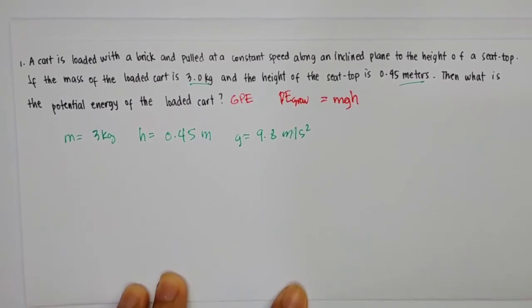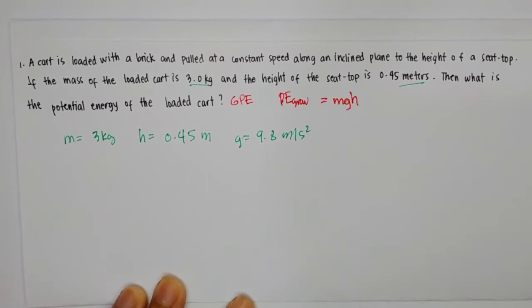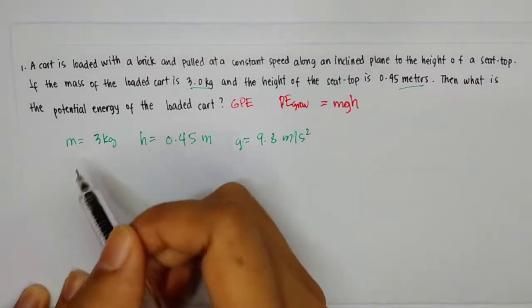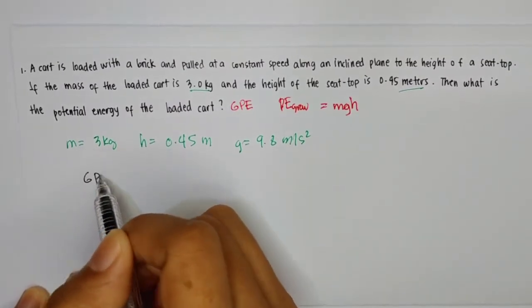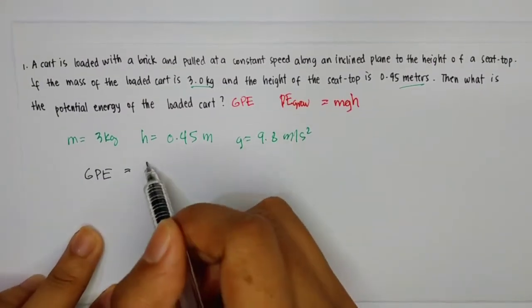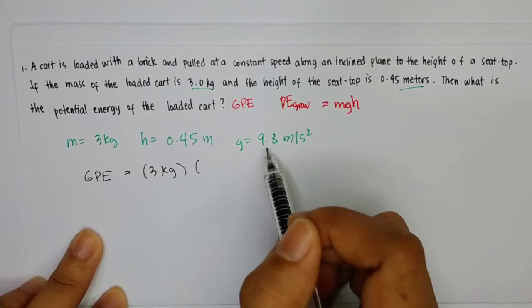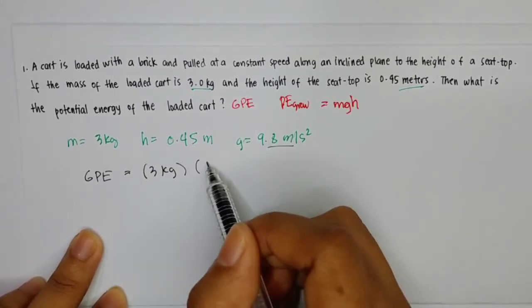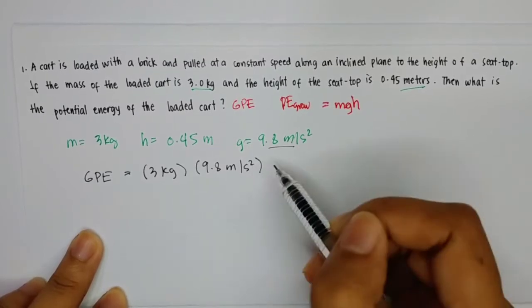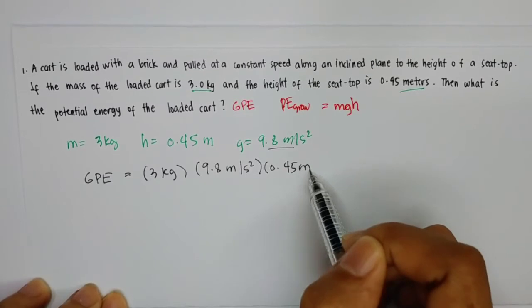Then let's solve this one. Let's substitute our given to our formula. We have GPE is equal to 3 kilograms times our gravity, 9.8 meter per second squared, times our height, 0.45 meters.